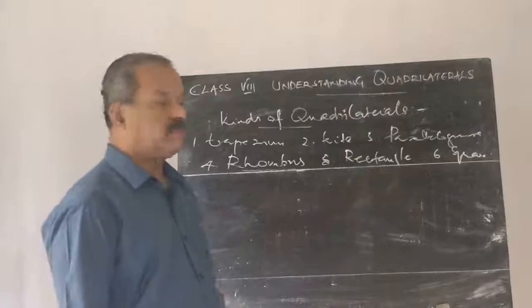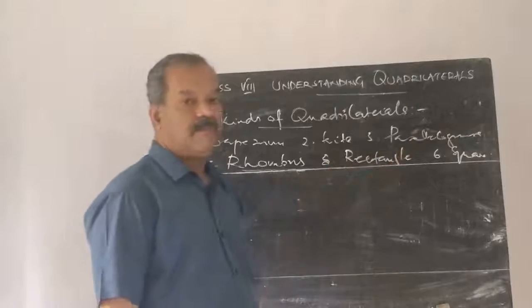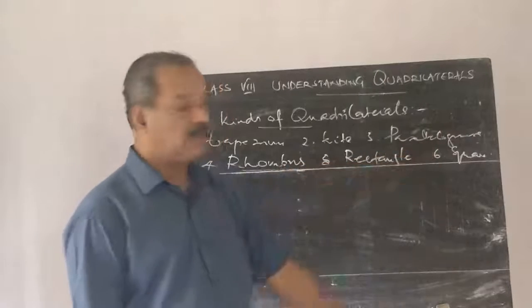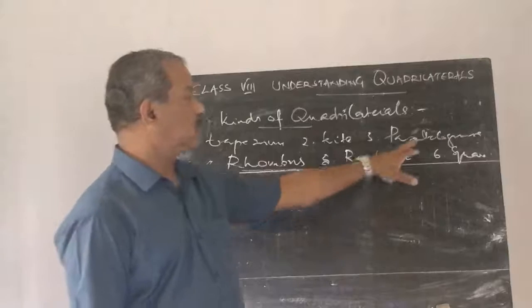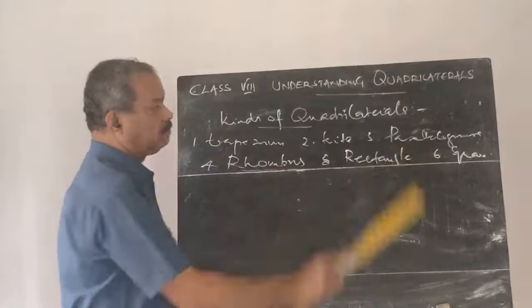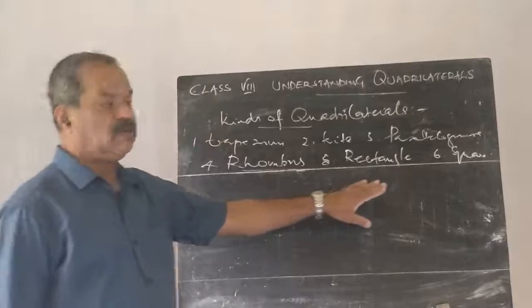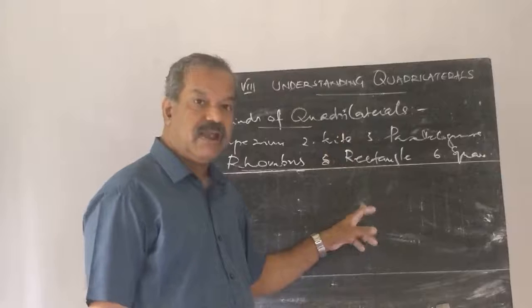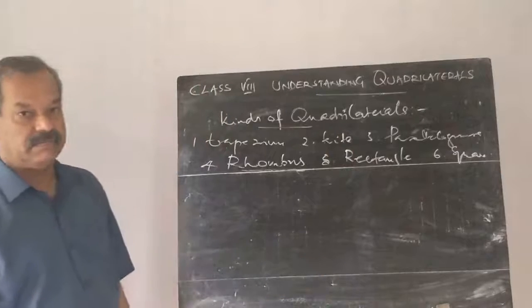Now rectangle. Rectangle is also a parallelogram, but it has one more property than parallelogram: all the angles are equal. So the diagonals of a rectangle are equal and bisect each other.